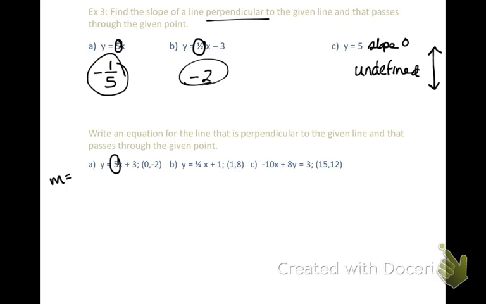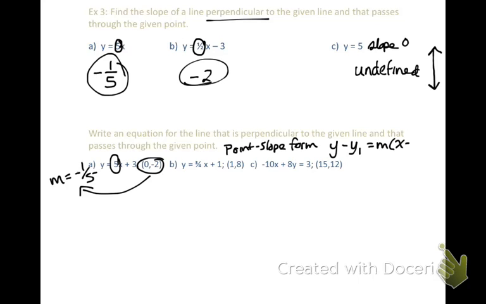So here it's 5, so the perpendicular of 5 is negative 1/5. And then you have your point. So I have my point and slope, and remember, we're going to do point slope form again. Do you remember what that is? That is y minus y1 equals m times x minus x1.